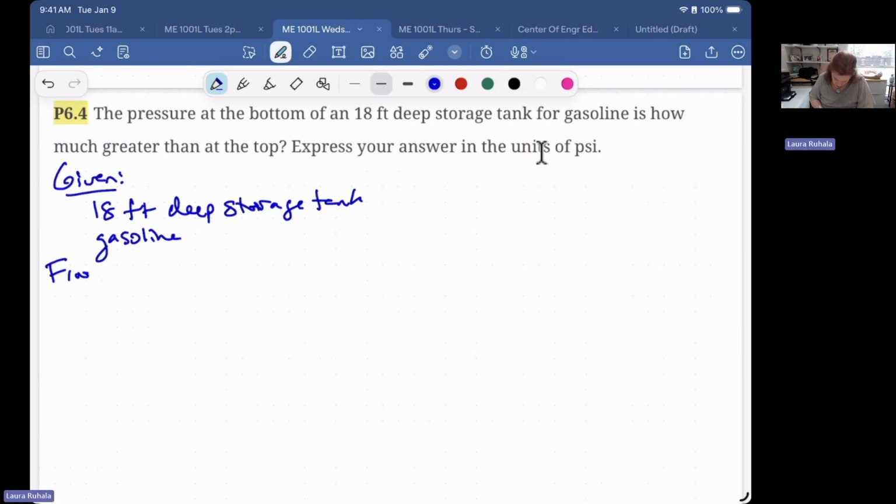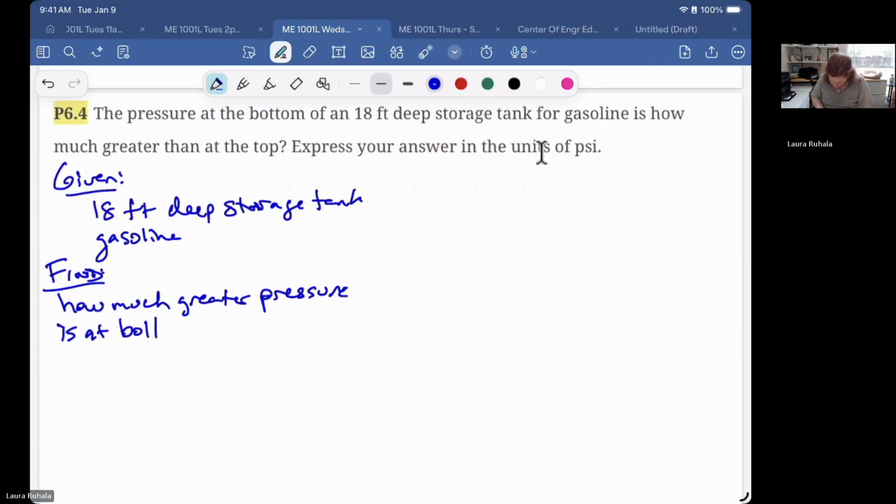What we need to do is find how much greater pressure is at the bottom of the tank, and we'll call that P, then top, and we'll call that P naught, P sub 0.